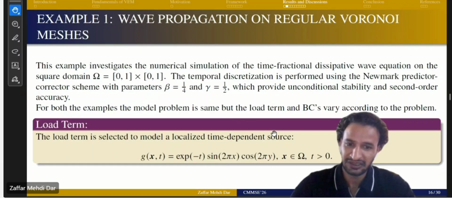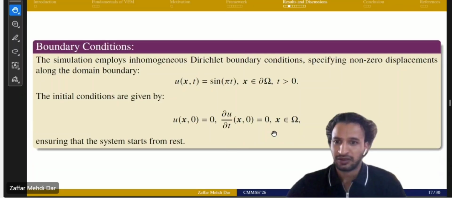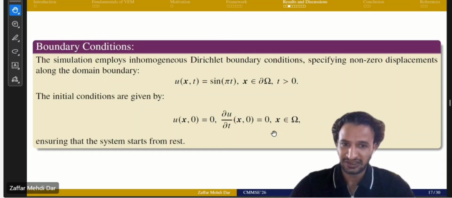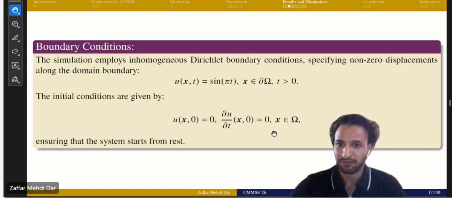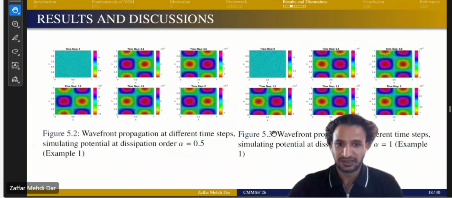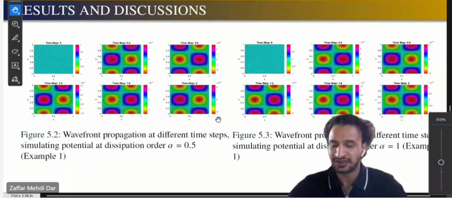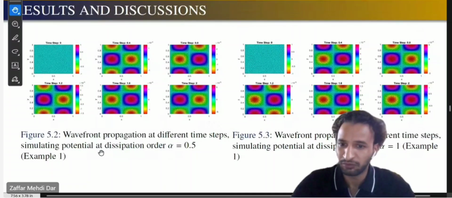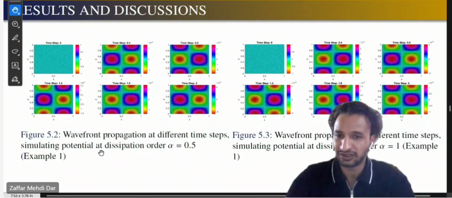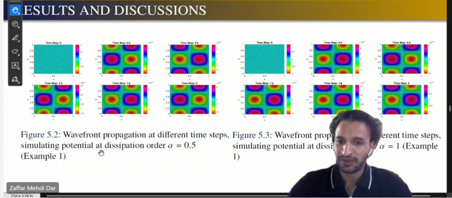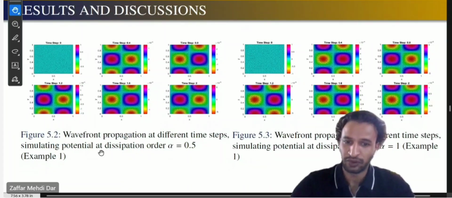So in the first example, we are going to study the wave propagation on regular Voronoi meshes. We are going to take a square domain. We are going to choose the predictor corrector parameters beta 1 by 4 and gamma 1 by 2, and here we have exponential decay as a load term. And these are the boundary conditions and the initial conditions given in order, and these initial conditions are 0, so the system starts at rest.